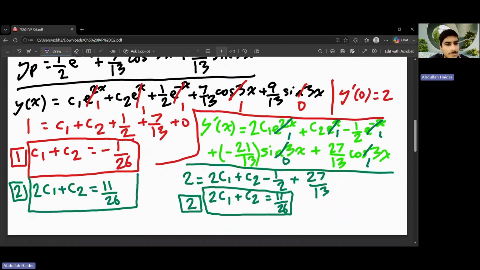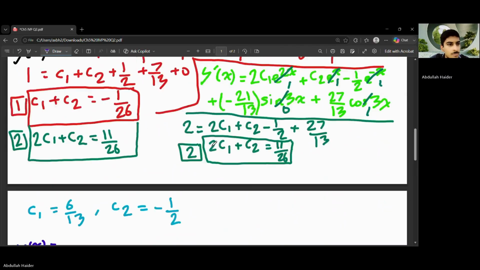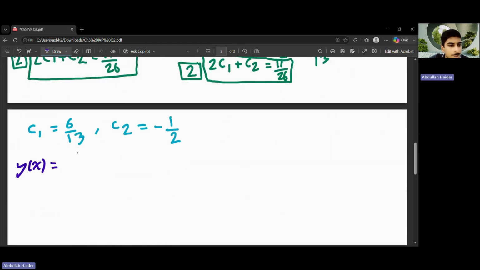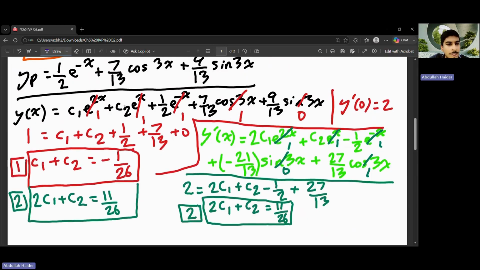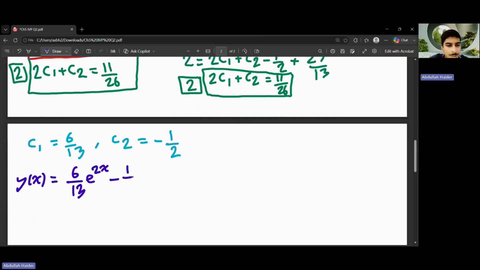So y of x is equal to C1 is 6/13 e power 2x plus, I think it's not a plus, it should be a minus, C2 e power x. C2 is minus half, so minus half e power x.